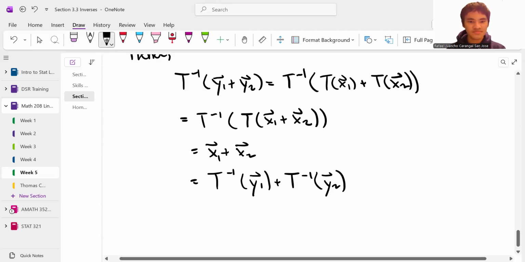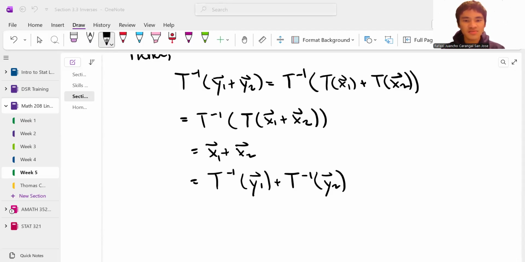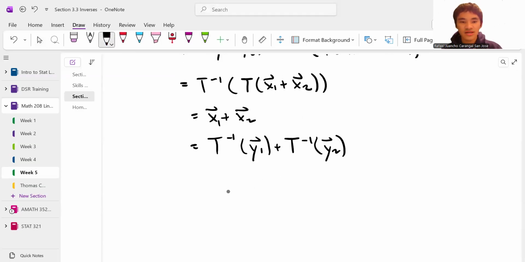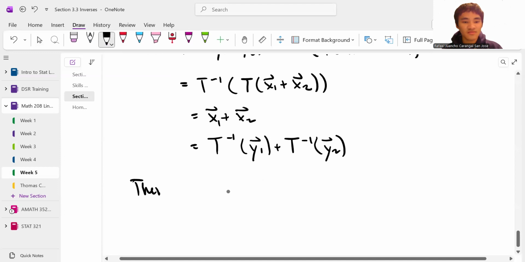That's fine. Yes, there's a similar argument that can be shown using a scalar. But here we say that since this works to here, and that is a property of what a linear transformation is, this inverse is indeed a linear transformation based on the other definitions that we know.